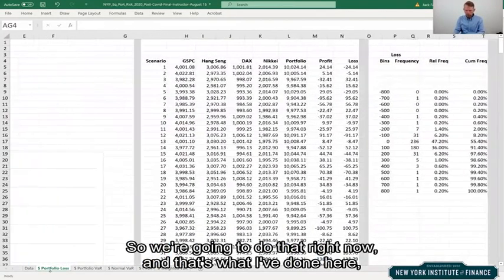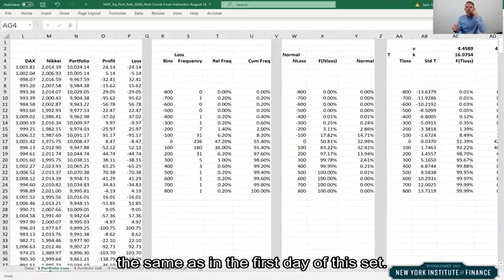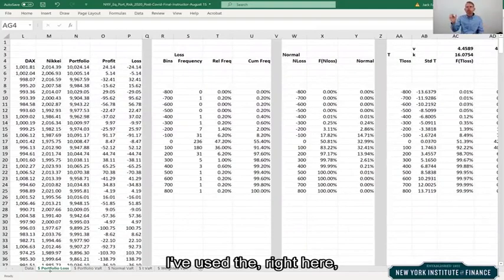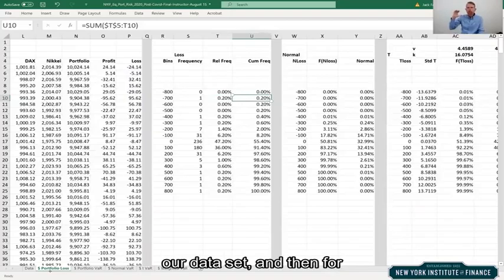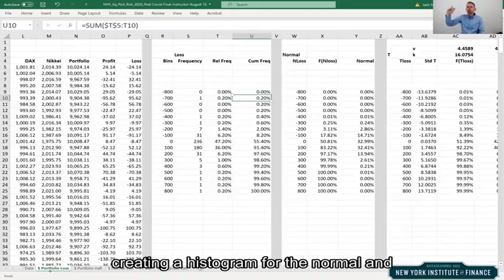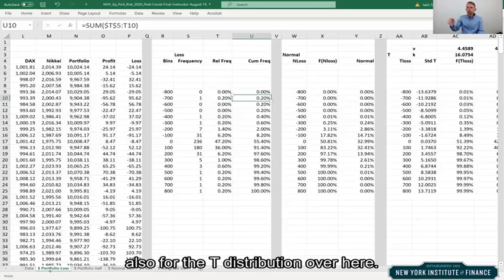And that's what I've done here. The same as in the first data set, I've used the functions to create histograms for our data set, and then for creating a histogram for the normal and also for the t distribution over here.